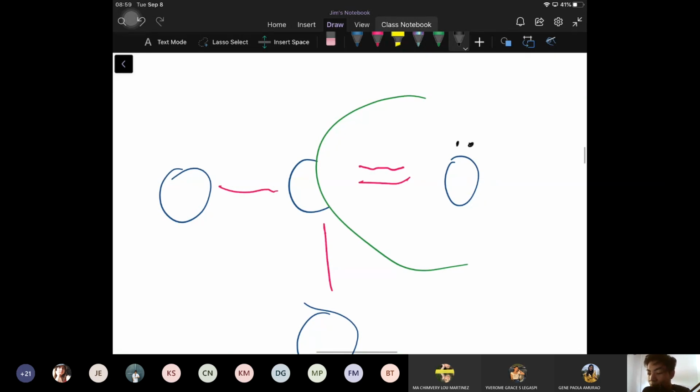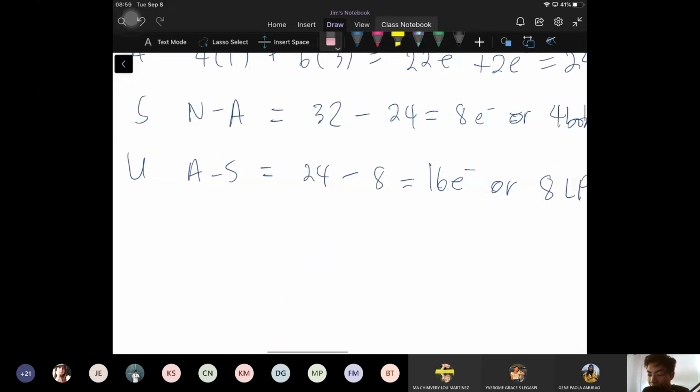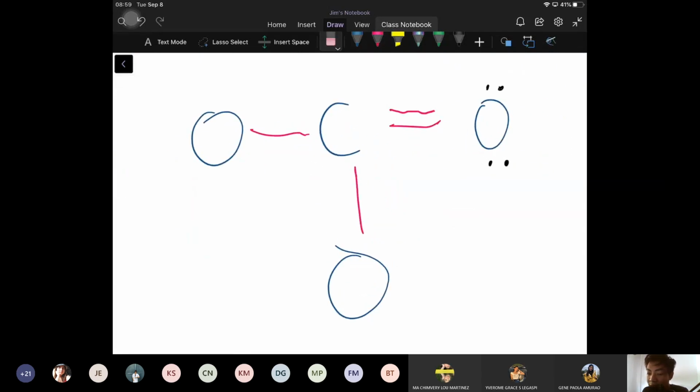So 1, 2, 3, 4. And so I have 2 lone pairs na naggamit and it already follows the octet rule. 2, 4, 6, 8. So octet na siya. And so nagamit ko na yung dalawa sa 8 lone pairs. Okay, so that means I have 6 na lang.